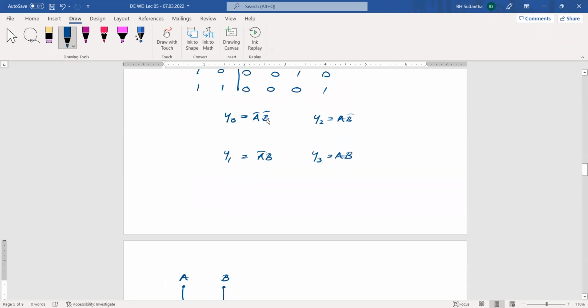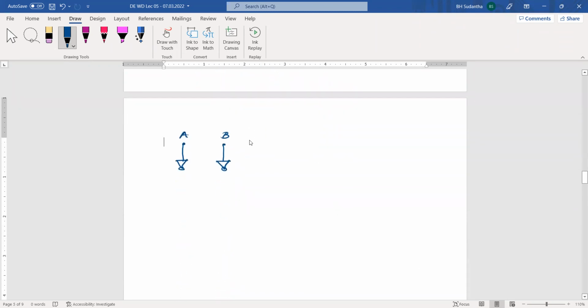The first term is A bar B bar, that is Y0. Okay, this is Y0.